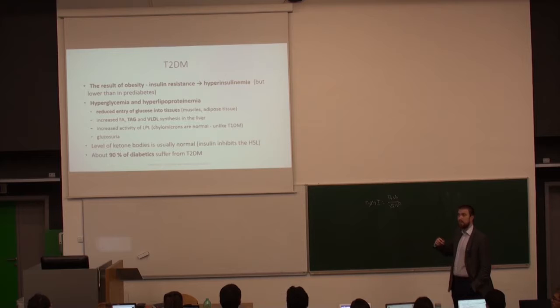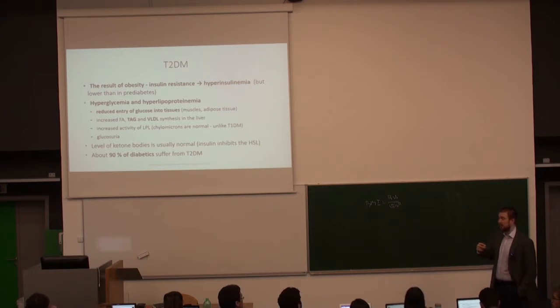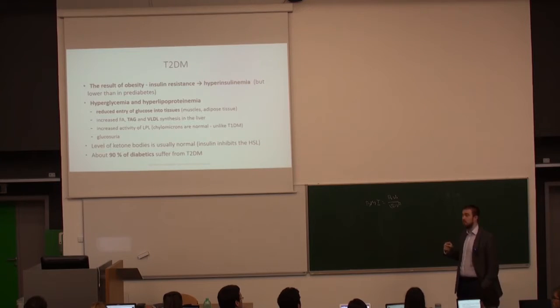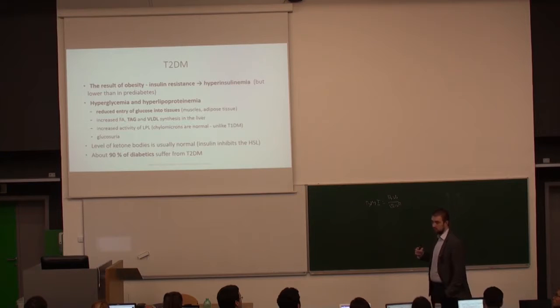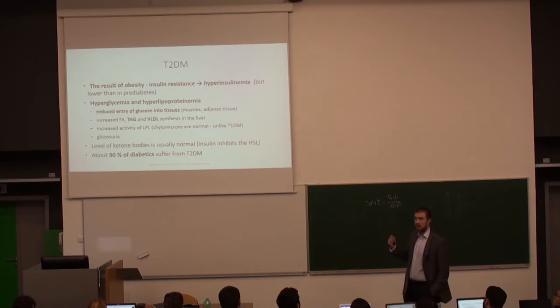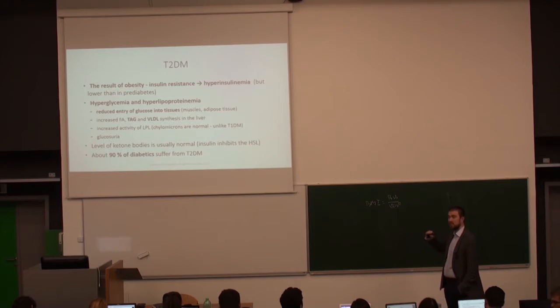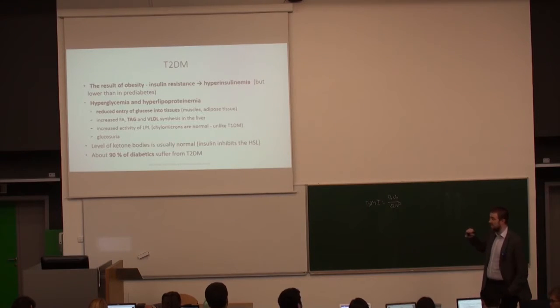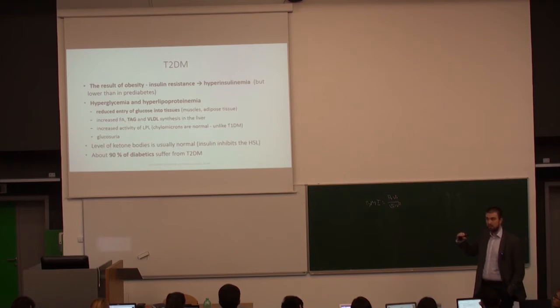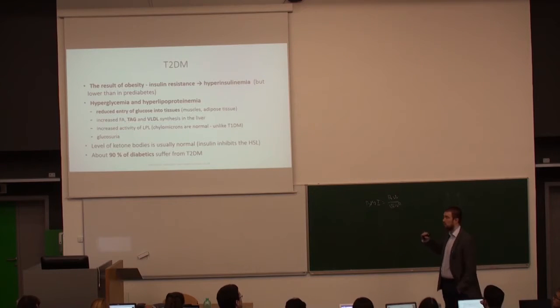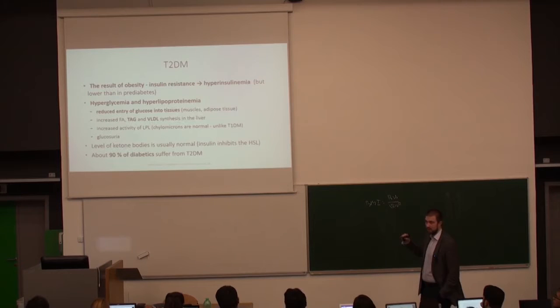What's different from type 1 diabetes is the fact that these people typically do not have elevated ketone bodies. And the reason for this is that there are still some insulin levels, and these insulin levels are able to inhibit the hormone-sensitive lipase in adipose fat.